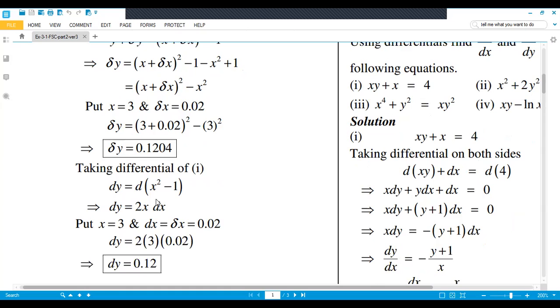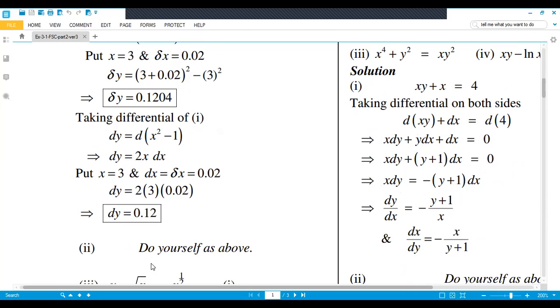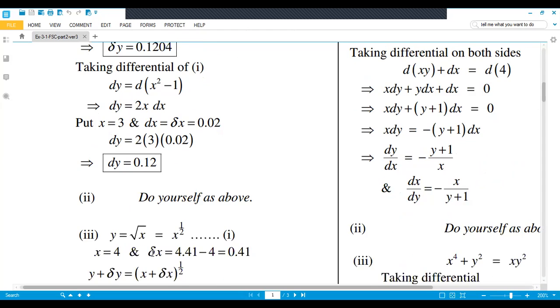So dy is 2 into 3 into 0.02, and you get 0.12. If you compare delta y and dy, both are approximately the same. In this way you have to solve the second part.